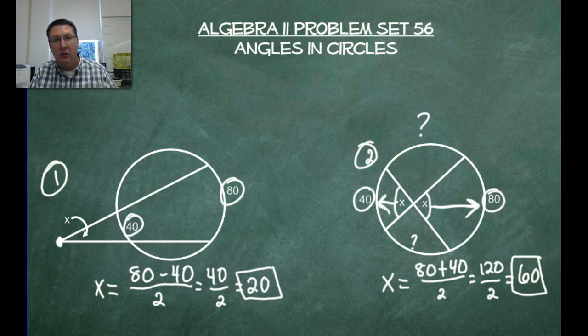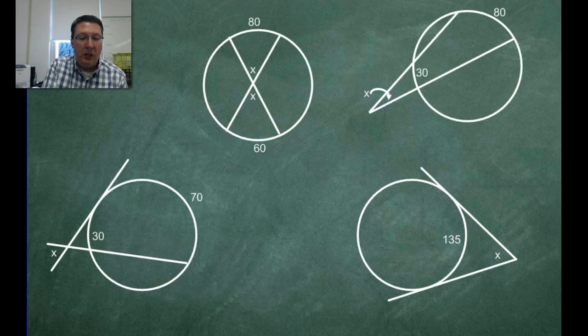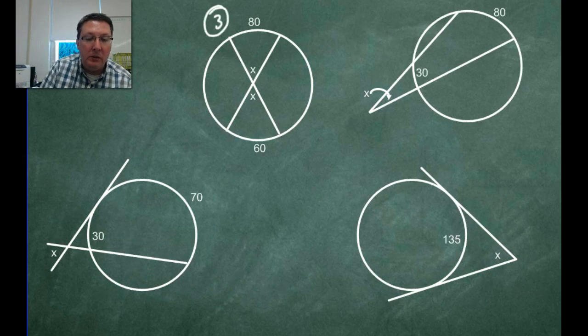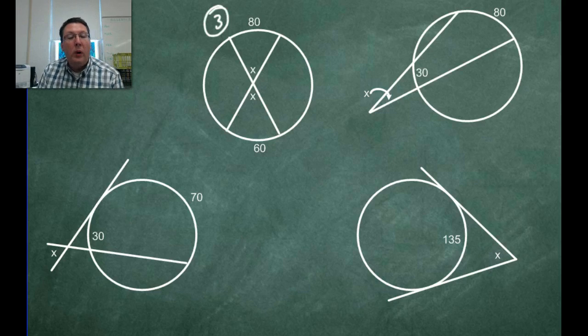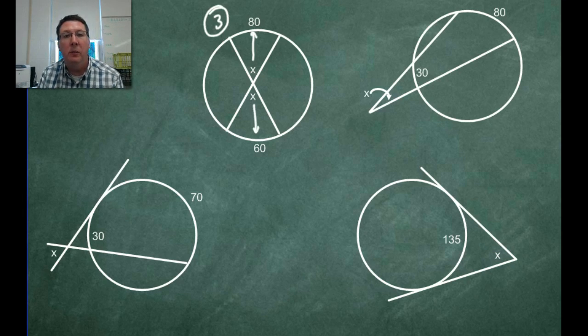Okay, let's try a few more problems. I've got 4 examples here. Let's start up here. We'll call this one number 3 because it was the third problem. Where are the two lines intersecting? They are intersecting on the inside of the circle. When they intersect on the inside, you're going to take these two arcs. Again, I want the arcs outside from x.